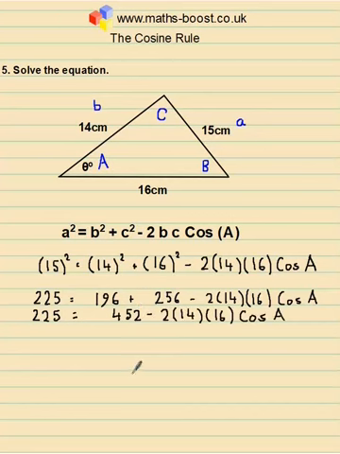There's still something very easy we can do here. Instead of having 2 times 14 times 16, we'll actually multiply this number and we'll find it results in 448. So the equation is looking a lot more straightforward.